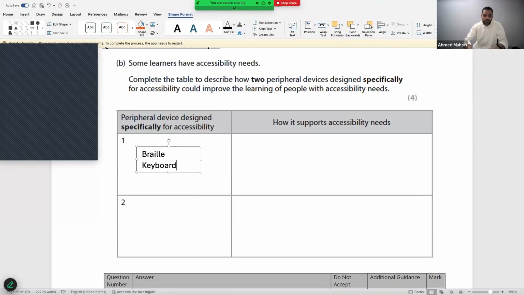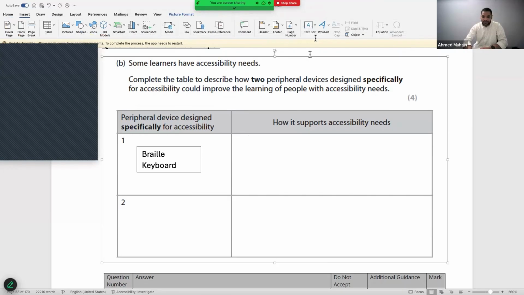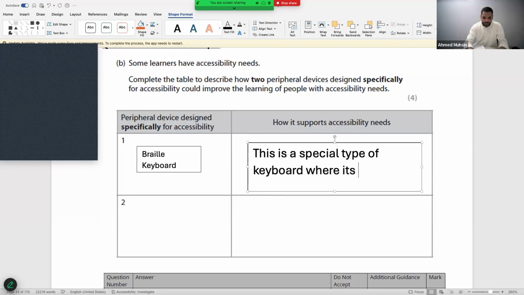Now, can you all explain how this works? You can say this is a keyboard where its keys have, everyone write with me. This is a special type of keyboard where its keys contain dots on them.